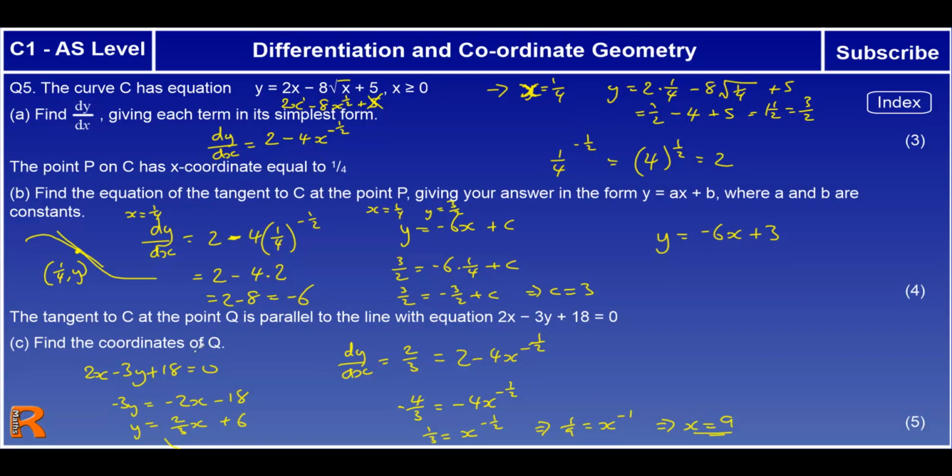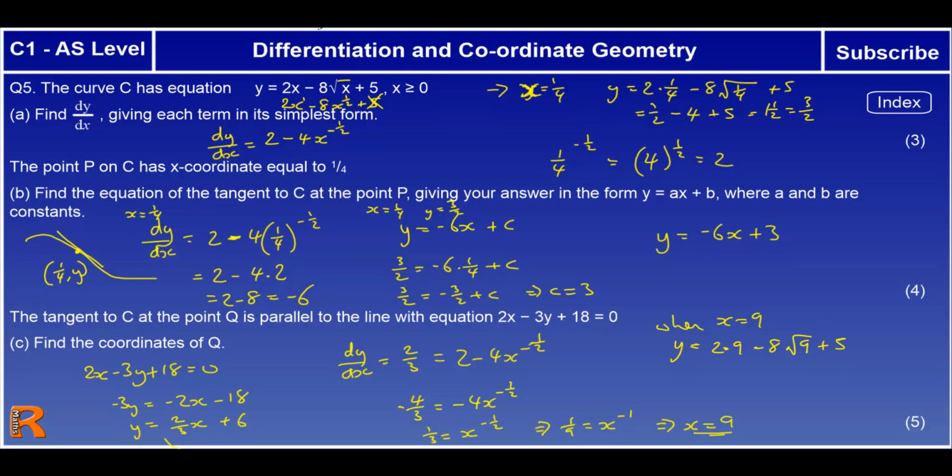So the coordinates of Q: the x coordinate is 9, and the y coordinate, because it's still on the curve C, we know that when x equals 9, y equals 2 times 9 minus 8 square root of 9 plus 5.